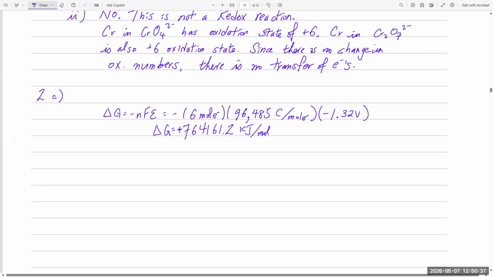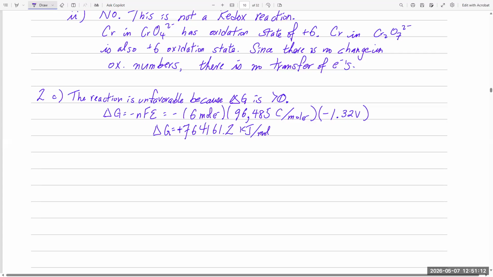I would say the reaction is unfavorable, because delta G is greater than 0. Remember, Gibbs free energy says a reaction is spontaneous if delta G is negative, right? And that's it. That's 2C.